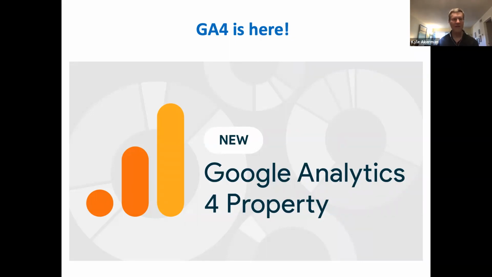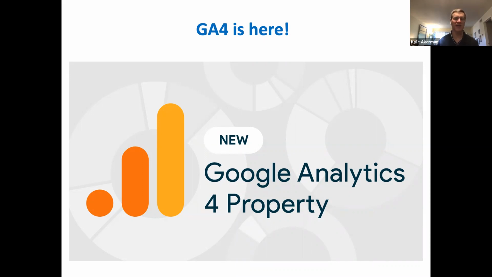The biggest thing is that instead of page views, because Universal Analytics is page view based, now everything in GA4 is event based. So even what we're calling a page view is an event. The user interface is completely different. The number of reports is different. Things are organized differently. There's a lot of advantages to it.